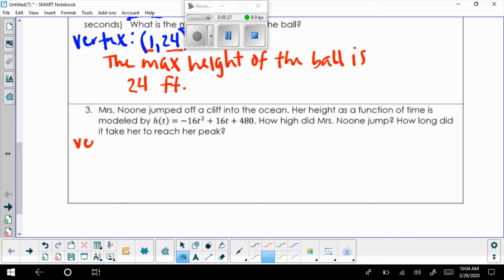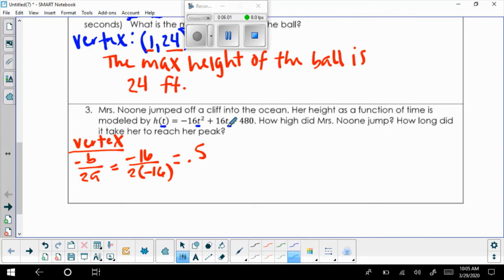So to find our vertex, we're going to start with opposite b over 2a to get our x value. So negative 16 over 2 times negative 16. I'm going to plug that in the calculator. Negative 16 over 2 times negative 16 is 1/2 or 0.5. Okay, now I'm going to take that. That's my x value or my t value in this case.